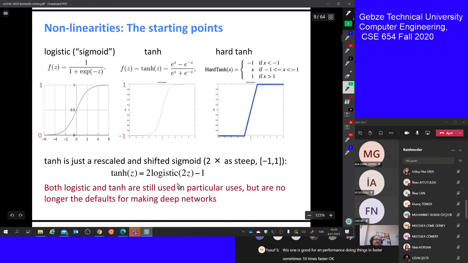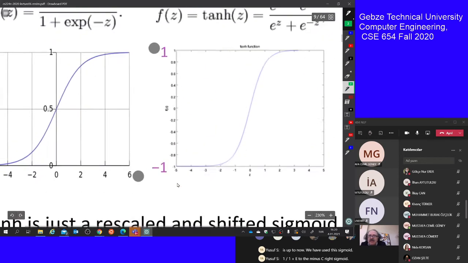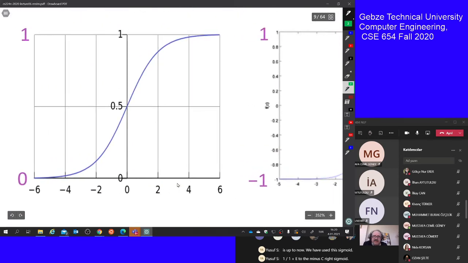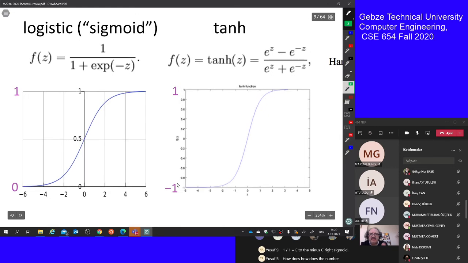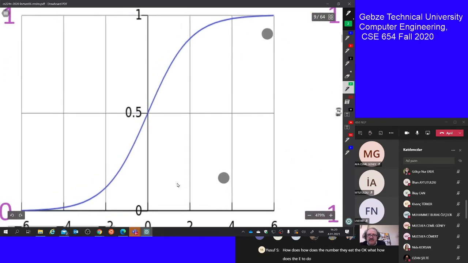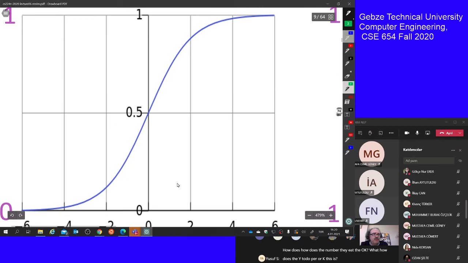Another point in optimization is, up to now we have used this sigmoid, 1 over 1 plus e to the minus z, right? Sigmoid. This blue is 1 over 1 plus e to the power x, right?